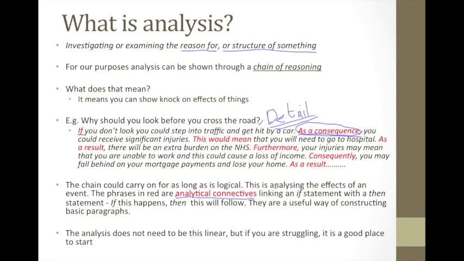And I'll show you a very specific economics example of that later on, but that's what analysis is. And this chain of reasoning, these analytical connectives, are really easy ways of showing the examiner that you can analyze. Yes, it's quite linear, but if you're struggling, it's a very good place to start, and it will certainly help you get up into the high marks on the 25 mark essay.